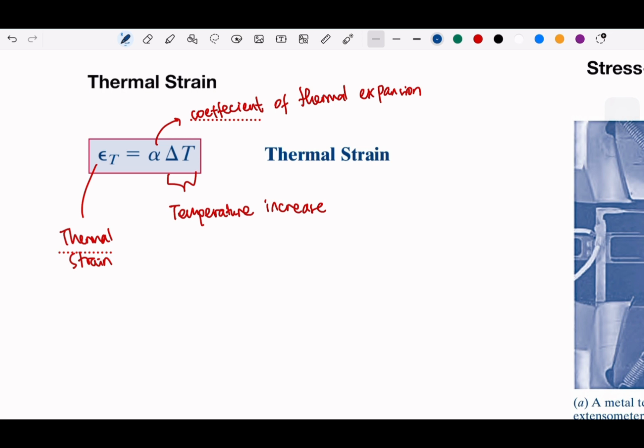So if the temperature increase is positive, or decrease if this is negative.